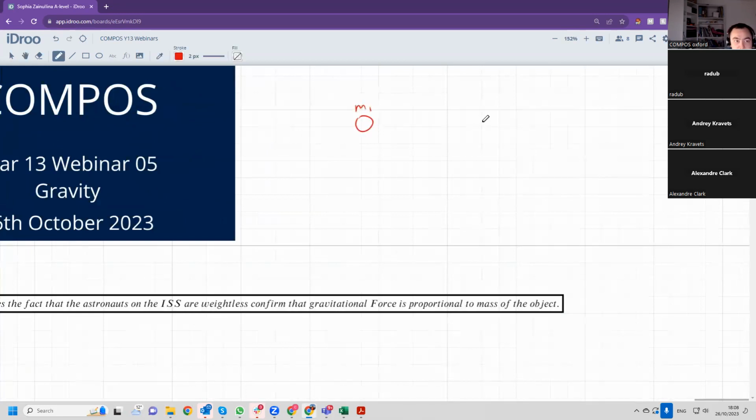Just a quick reminder that if you have two objects with mass m1 and m2, any two objects in the universe attract each other with a force called the gravitational force, force 1 from 2, and force 2 from 1.